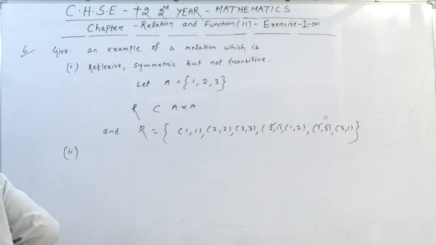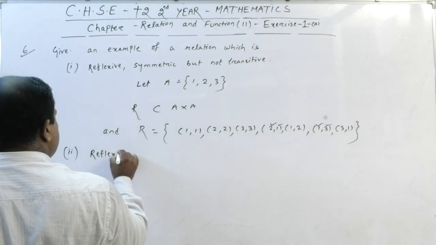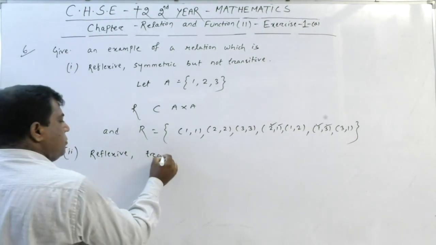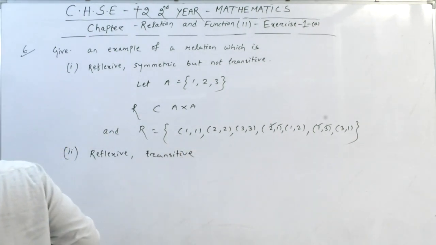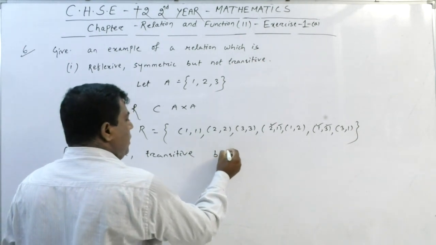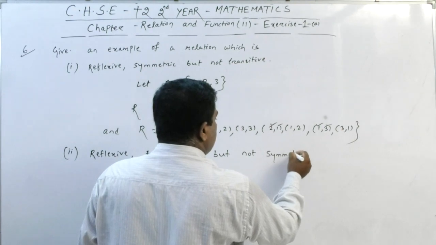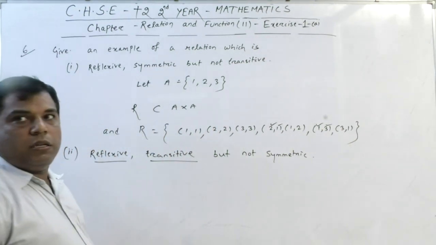A relation which is reflexive, which is transitive, but not symmetric. So here you see it is somehow different from the first one. It should be reflexive, transitive, but not symmetric.